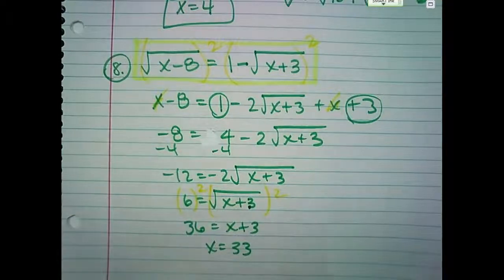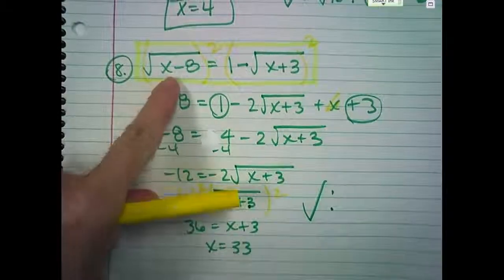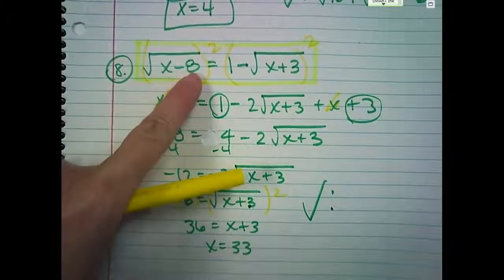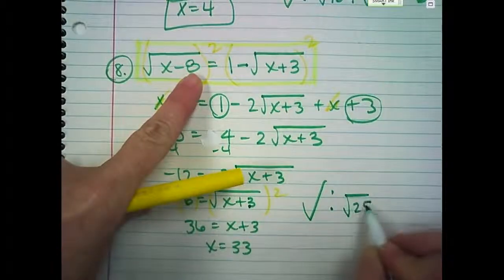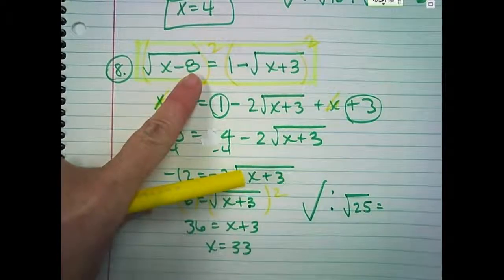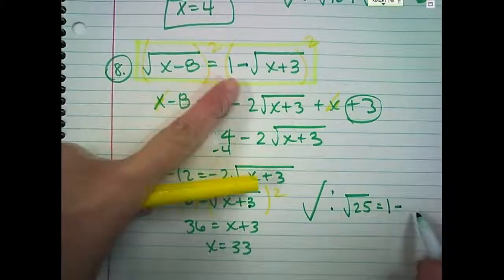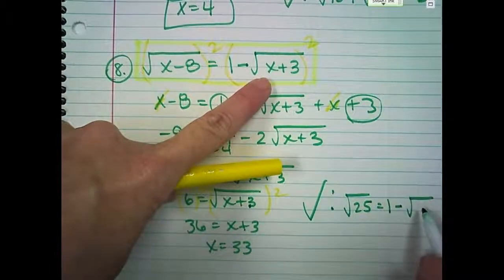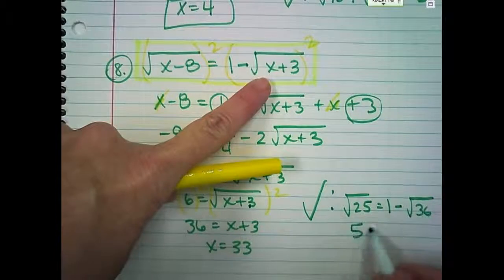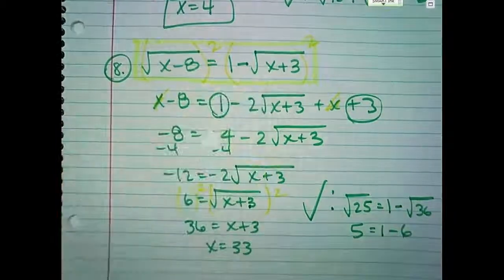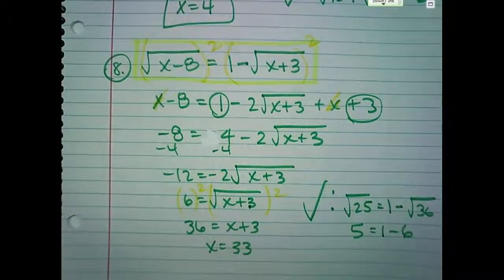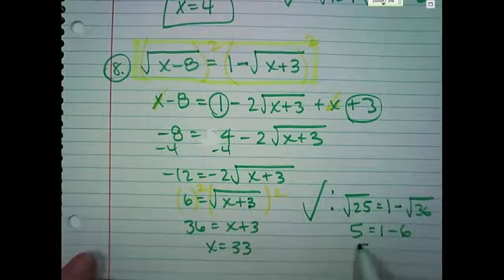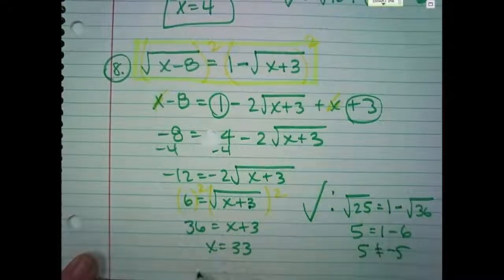Go and check it. All the way back up to here. 33 minus 8 is 25. Equals 1 minus 33 plus 3 is 36. So does 5 equal 1 minus 6? It's close, but does it? No, 5 does not equal negative 5. So the answer to this one is no solution.